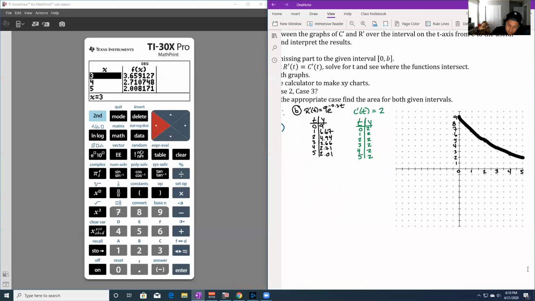And then we want c prime of t, which is just 2, 2, 2, 2, 2. So 0, 2, 1, 2, 2, 2, 3, 2, 4, 2, 5, 2. So this is what c prime of t looks like. Bam.